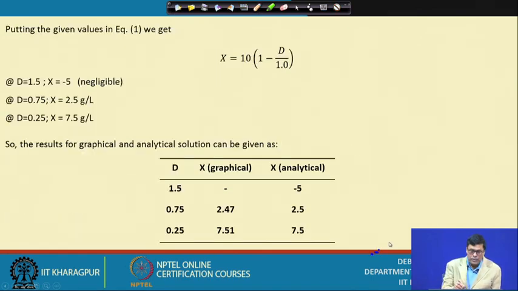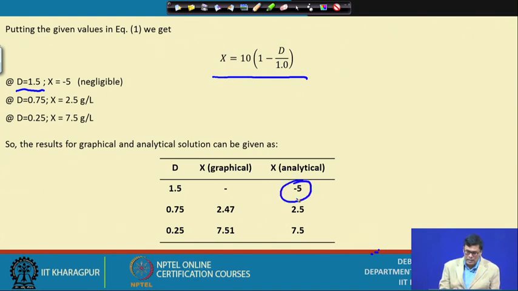Then we have this equation. We have x equal to 10, x max is the 10 value, times 1 minus d by 1.